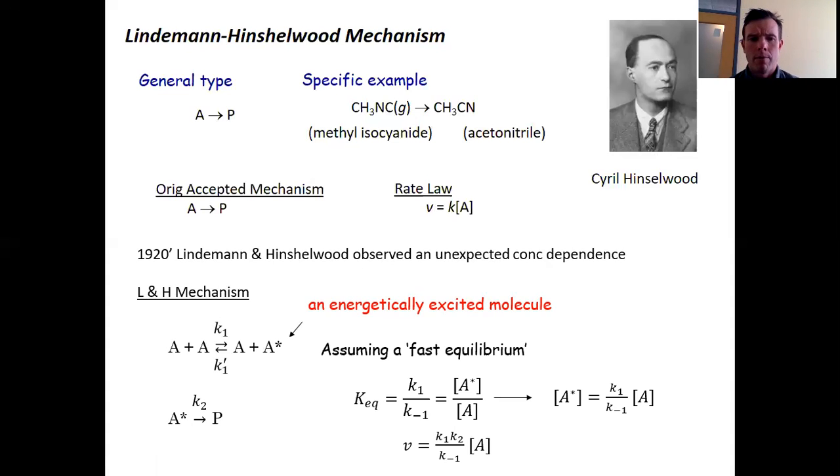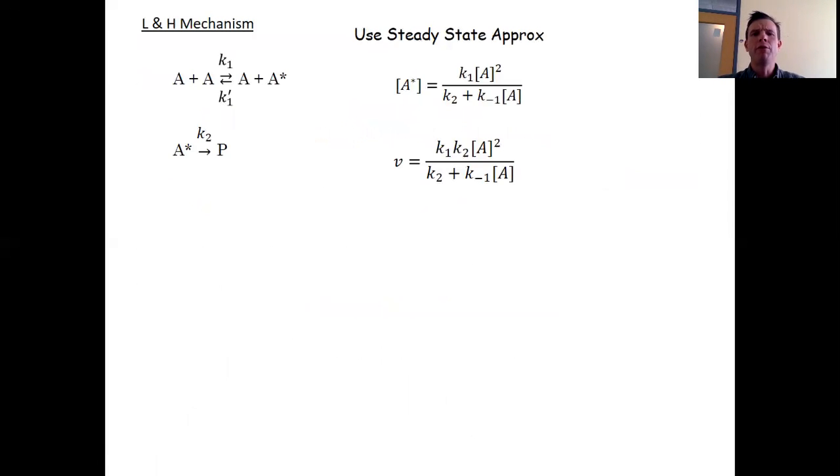So on the surface of it, this is no different than just a regular A going to P. But if you go through and use a steady state approximation, and I'm not going to do it, if you're bored, you can solve this out, what you will find is that the A star concentration looks like this.